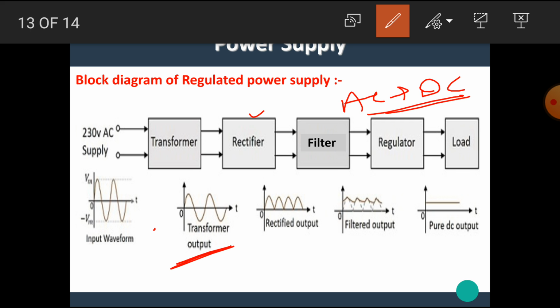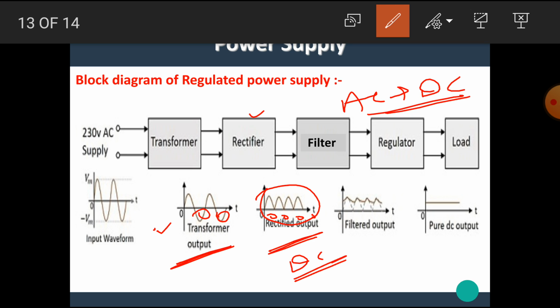This is the input of the rectifier, which has the AC component, and the output of the rectifier is in DC format. Here we can see that the negative part is present, but in this waveform the negative part is not present. Hence we can call this waveform the waveform of DC.